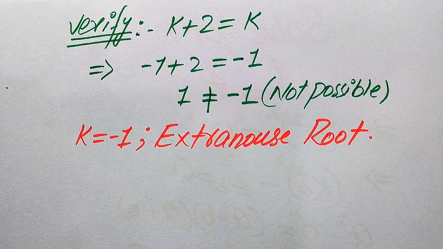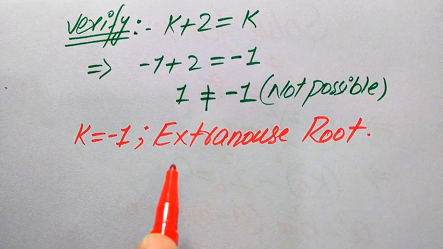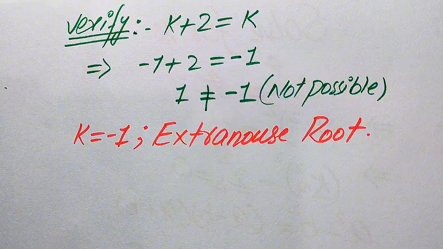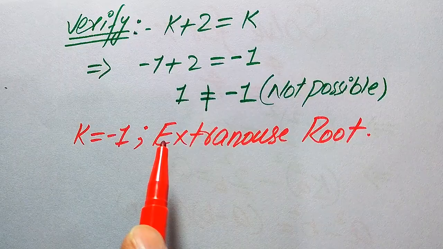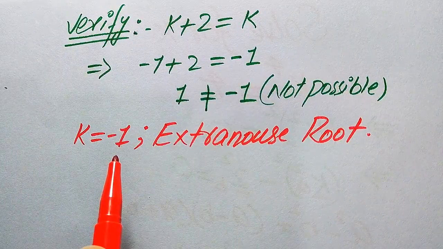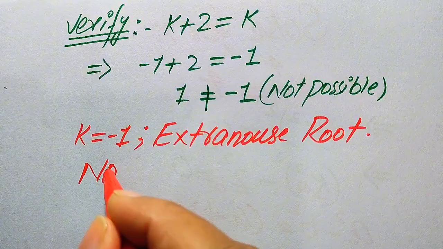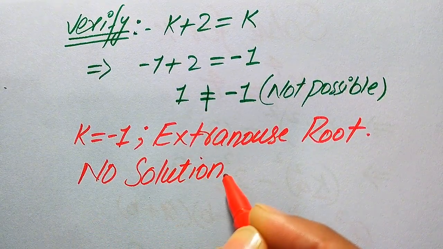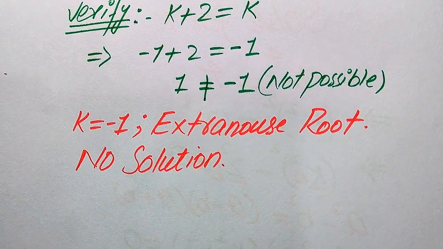In other words, the roots which do not satisfy our given question statement are called extraneous roots, and the roots which satisfy our given question statement are called the solution set of this equation. So you see that we cannot get any other value of k which satisfies our given equation. This means that this question has no solution in general. So this is the final answer of the given question which we get in the first method.